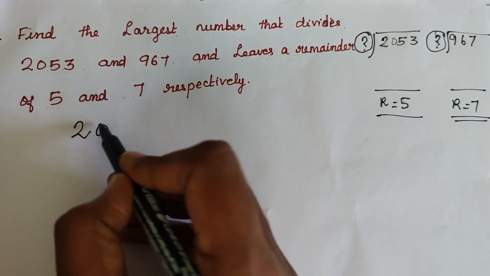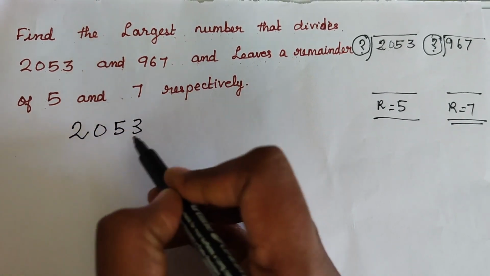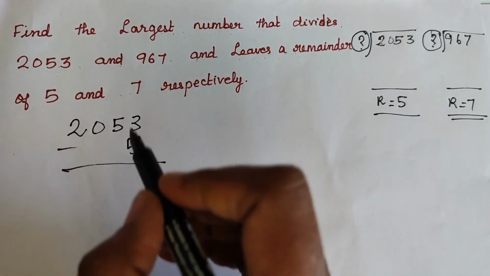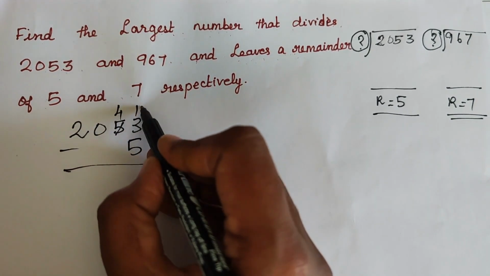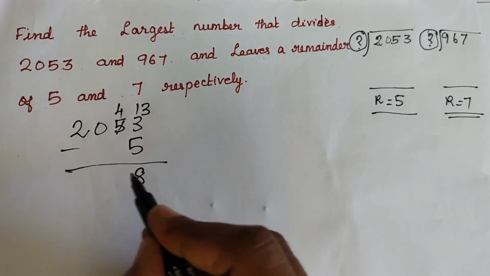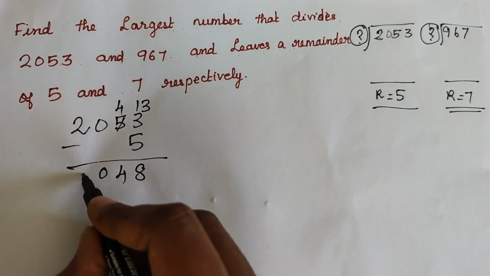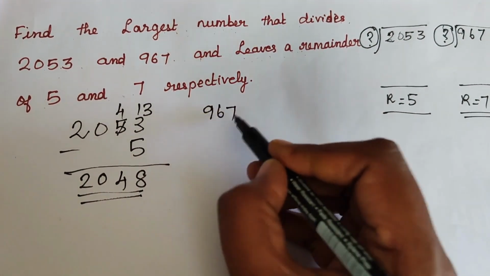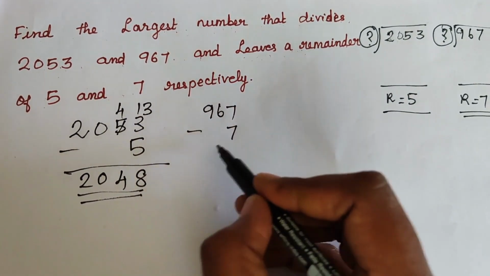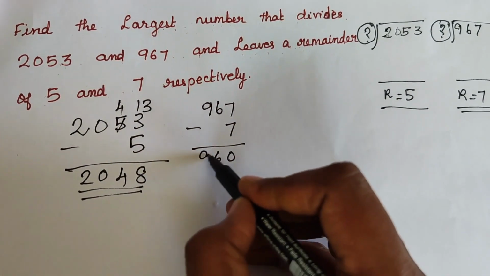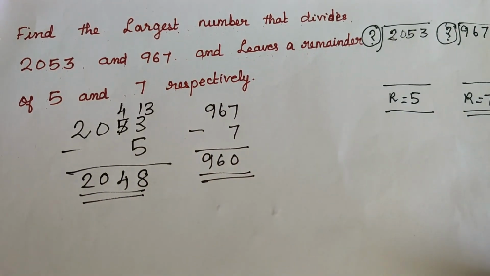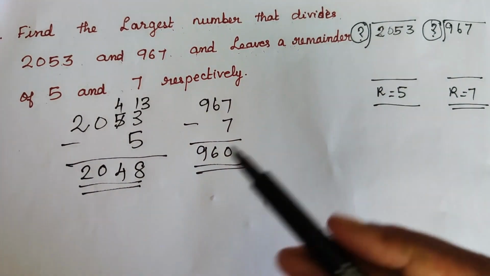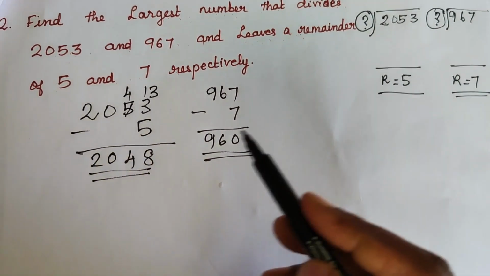So first number 2053 minus its remainder 5, you will get 13 minus 5 is 8, 4, 0, 2, that is 2048. And the second number is 967 minus its respective remainder 7. You will get 960. Now we shall find the common divisor, for which we will take HCF of 2048 and 960.